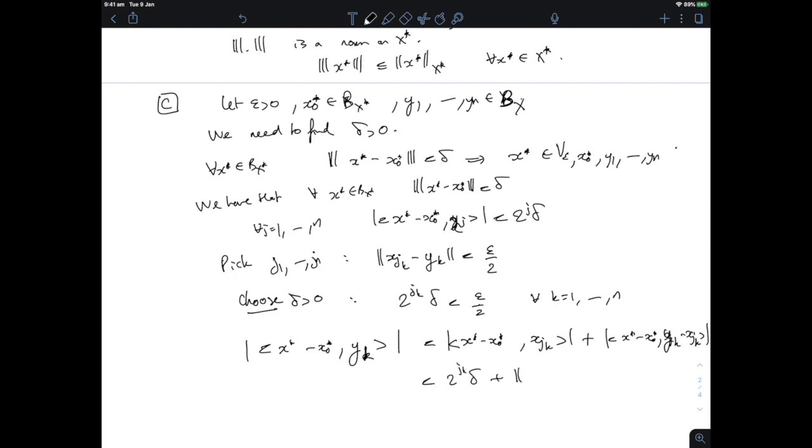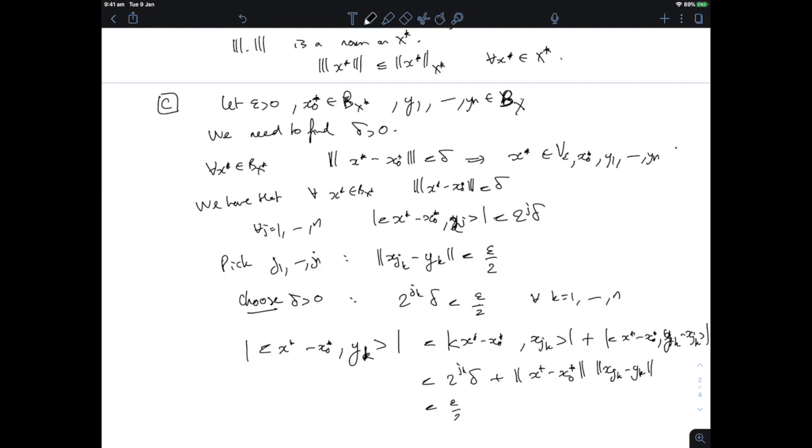And for the other one, I can use the fact that by definition of the norm on the dual, this is smaller than the norm of x star minus x naught star times xjk minus yk. But this norm of x star minus x naught star is certainly smaller than 2, because x star is in the unit ball and x naught star is in the unit ball.